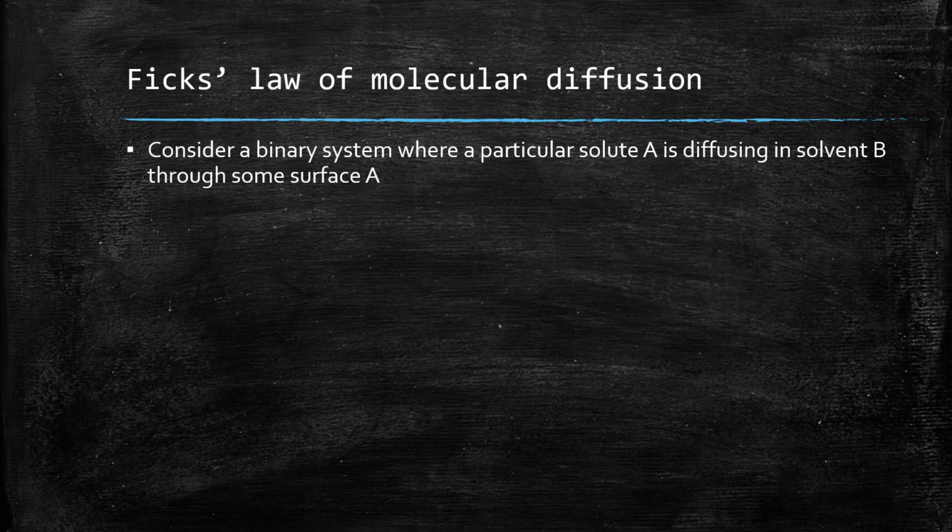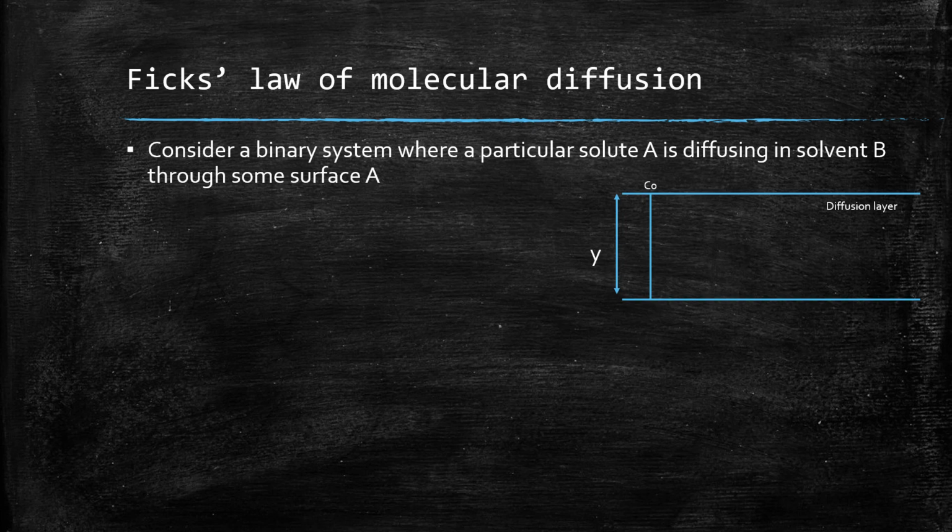Now Fick's law of molecular diffusion. Now consider a binary system where a particular solute A is diffusing in solvent B through some surface, right? So there is some concentration.